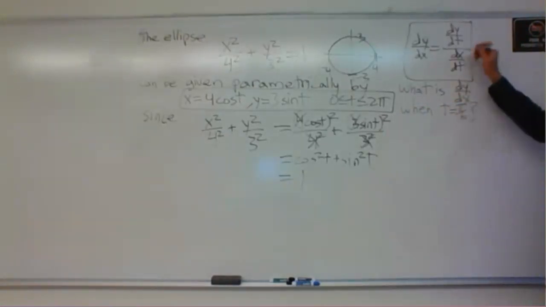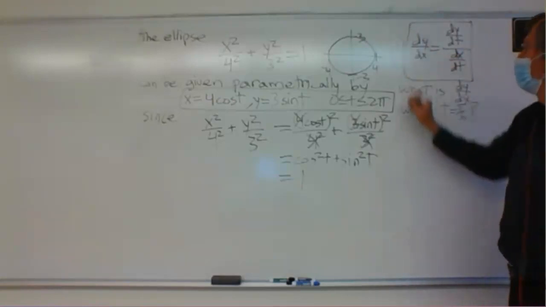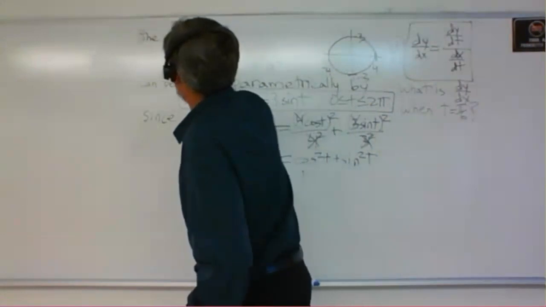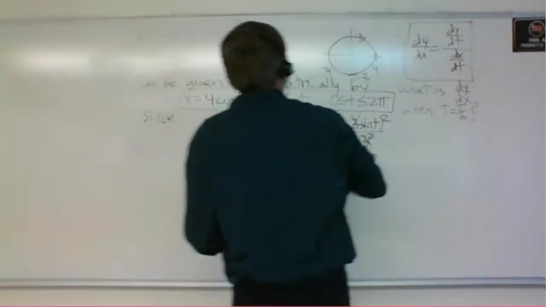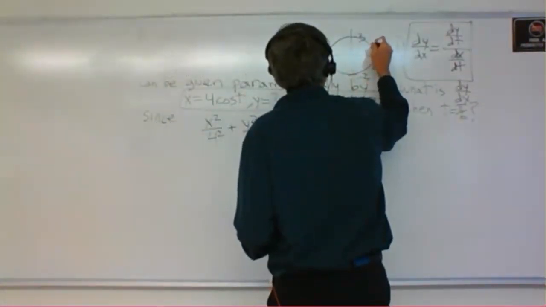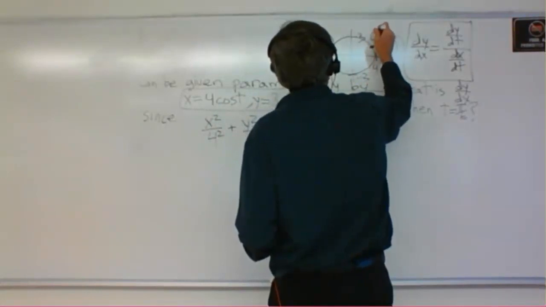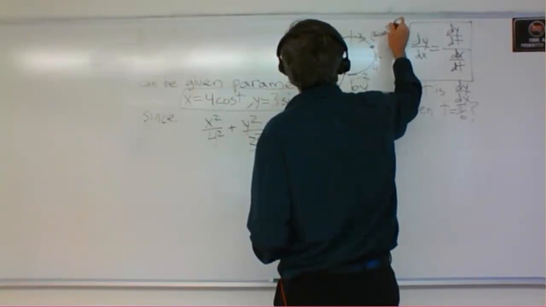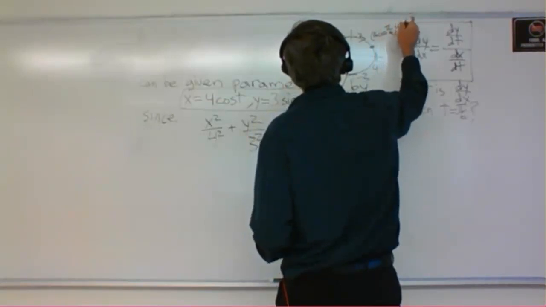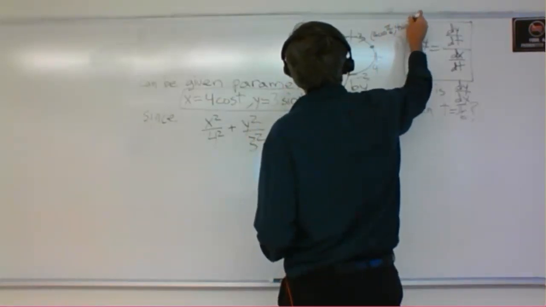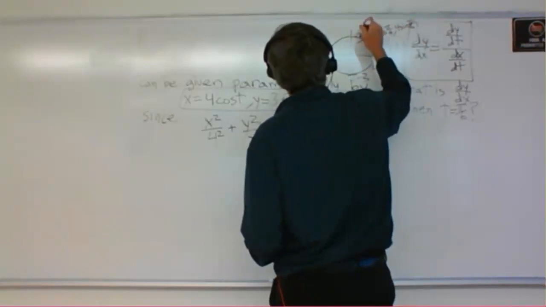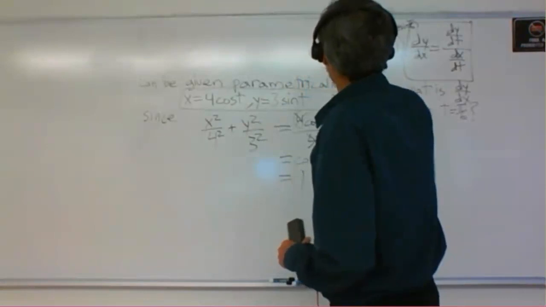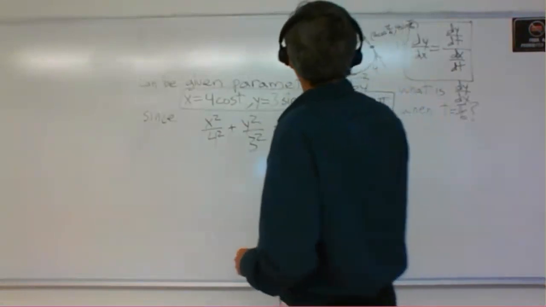All I have to do is use, let's call it equation 1, and say, given this in parametric form, we can now find a slope of the tangent line to the ellipse, which we couldn't do before. This would be maybe over here somewhere. 4 cosine pi over 6, 3 sine pi over 6 would be maybe this point right here. And we're saying, what is the slope of that tangent line, I wonder, right? dy dx at that value of t.